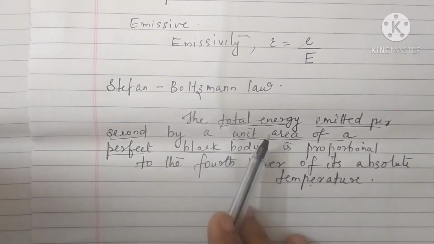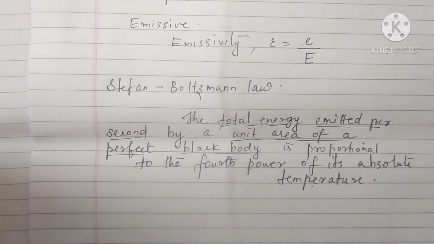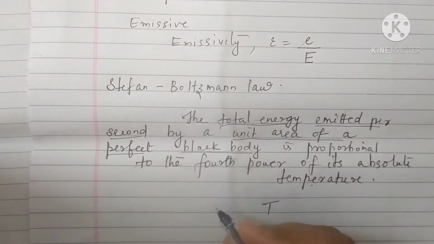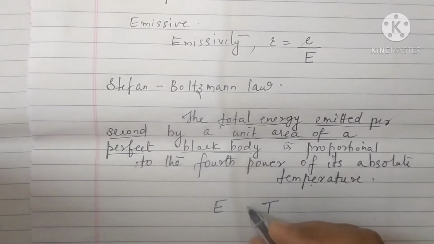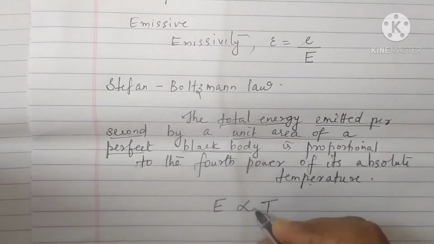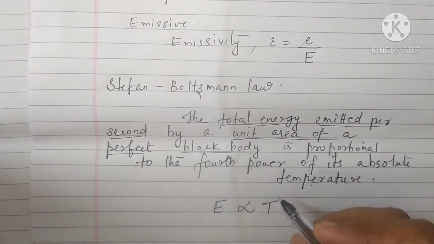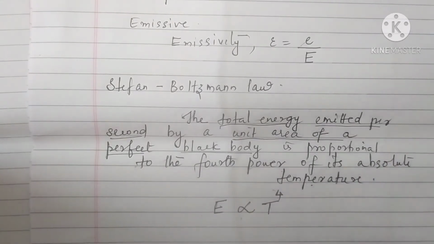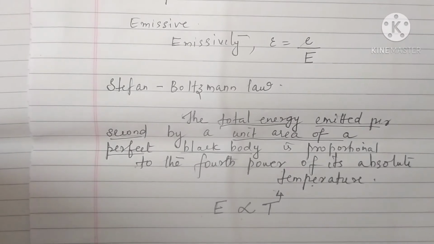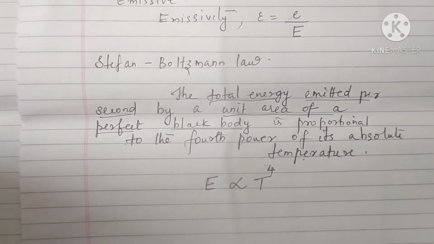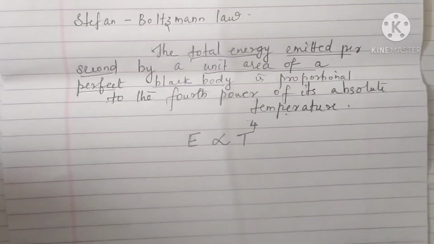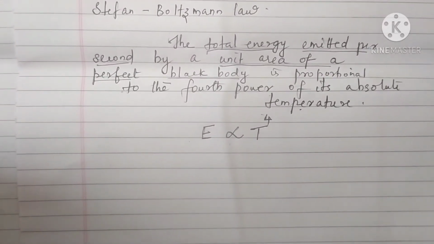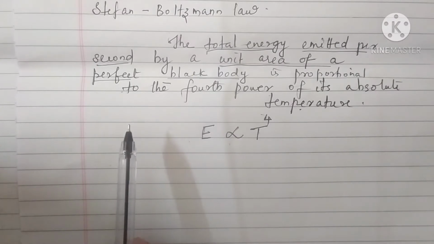That means this energy depends upon the temperature. If temperature is taken as T and the total energy is taken as E, you can write this statement in mathematical form as E proportional to T raised to 4, which means that the energy emitted per second by a unit area of a perfect black body is proportional to the fourth power of the temperature. Clear? This law is known as the Stefan Boltzmann law.